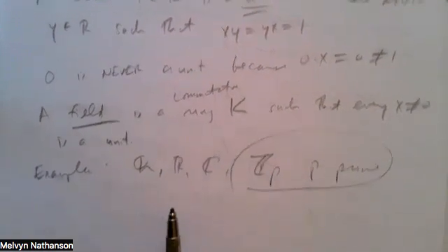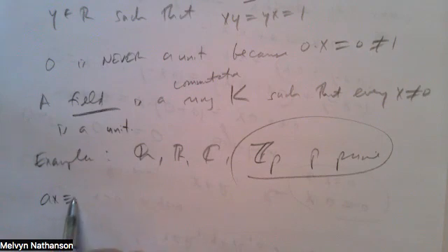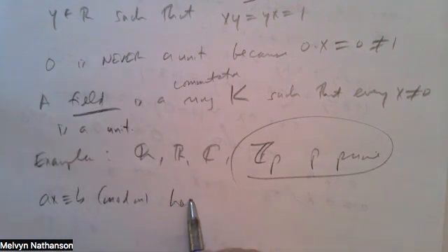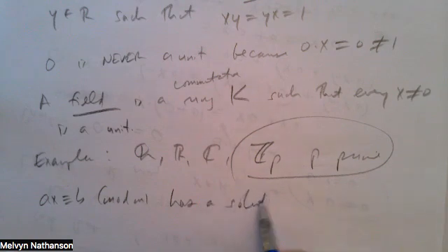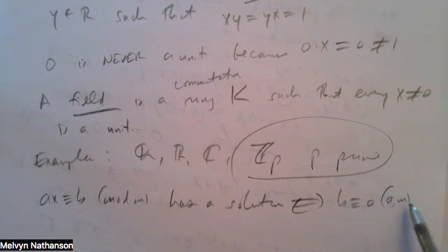Why is this a field? We proved that ax congruent to b mod m has a solution in integers if and only if b is congruent to 0 modulo the greatest common divisor of a and m.